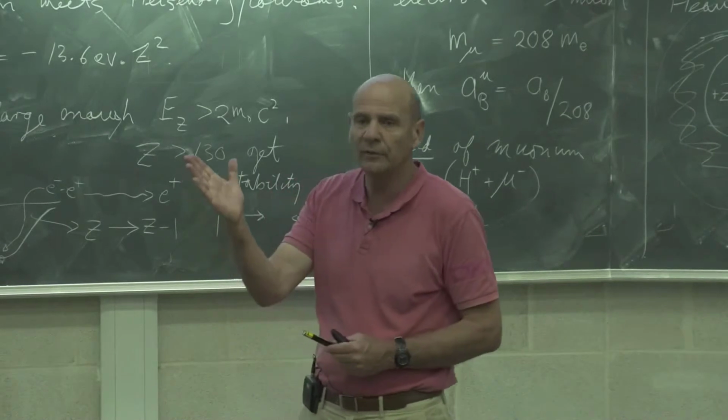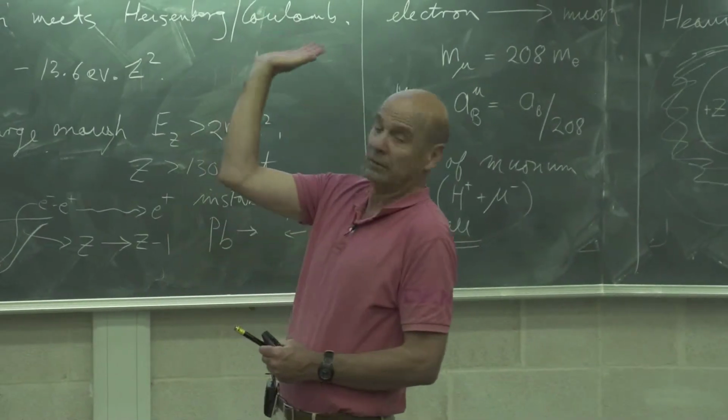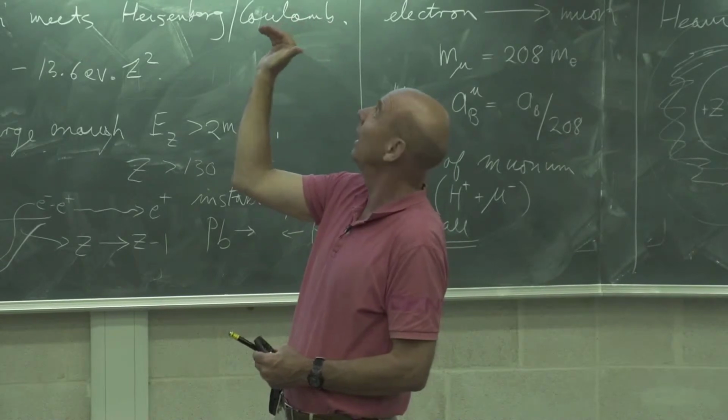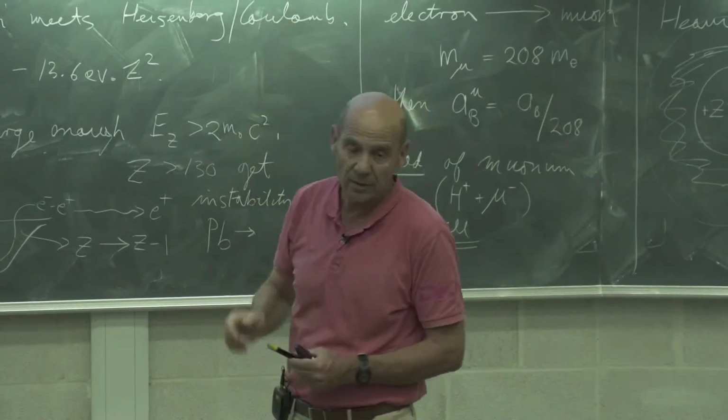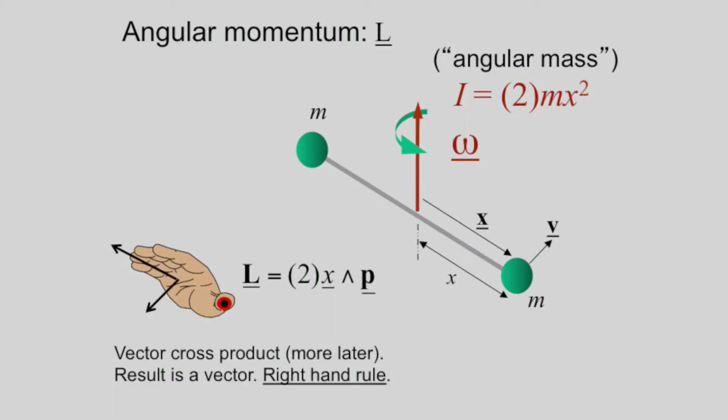You take the fingers of your right hand and you point them along the vector x. For me, it looks like this. I curl them round in the direction of v, and your thumb is in the direction of omega. So we have a vector cross product, of which much more later, and the result is a vector.